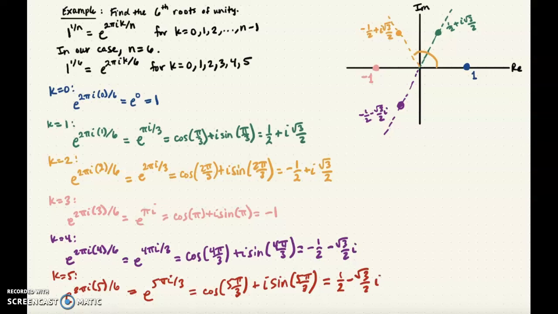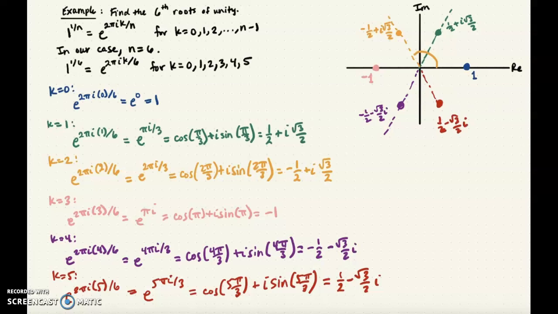And if we plot this in the complex plane, we go 1/2 in the positive horizontal direction, and then negative root 3 over 2 in the vertical direction. So that's going to put us roughly here. And again, that's at the angle 5 pi over 3. So this is 1/2 minus root 3 over 2 times i.